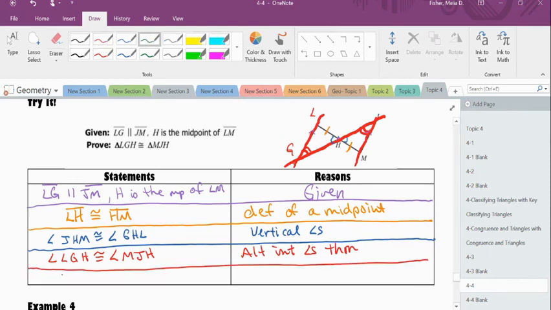And finally, we can say that triangle LGH is congruent to triangle MJH, and that is by angle, angle, side congruency theorem.